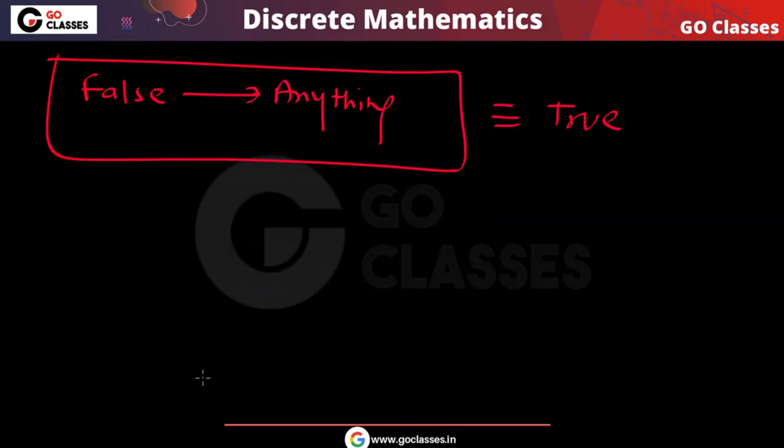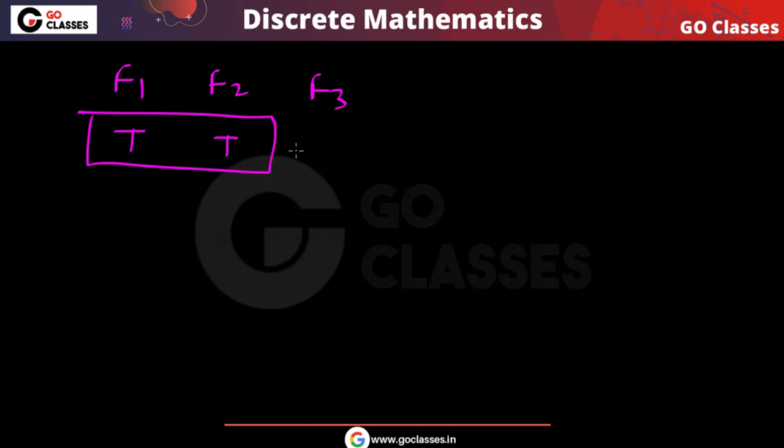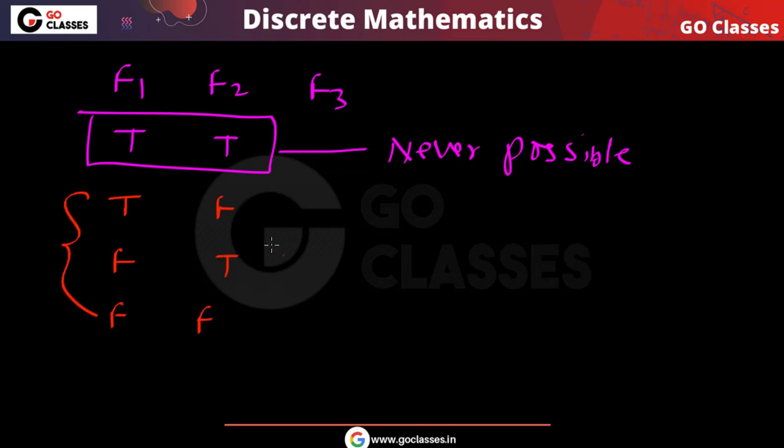Okay, so the final point is that f1 f2 can be like this, but this cannot be possible. This is never possible. But remember, this is possible, this is also possible, these are possible.